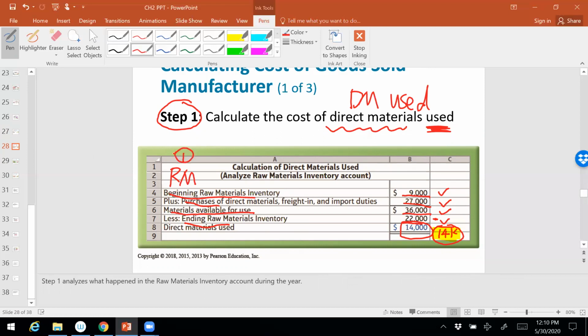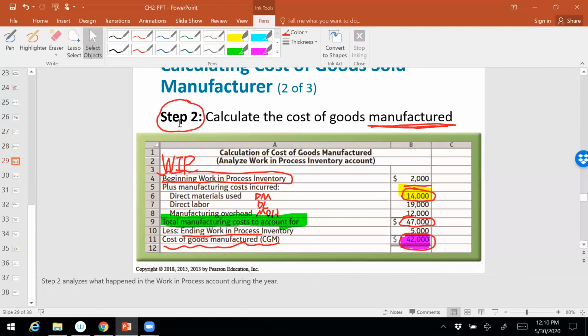Second is you get the cost of goods manufactured. So we focus on work in process. We have a beginning, we add three things, right? Direct material, direct labor, manufacturing overhead. We get the total manufacturing cost to account for. We minus ending work in process, we get cost of goods manufactured.